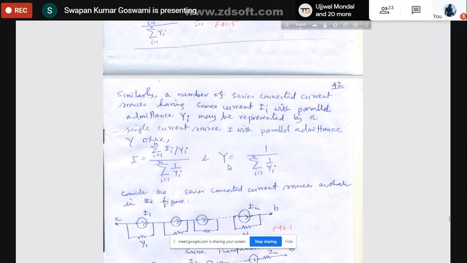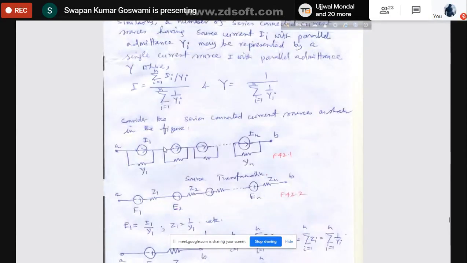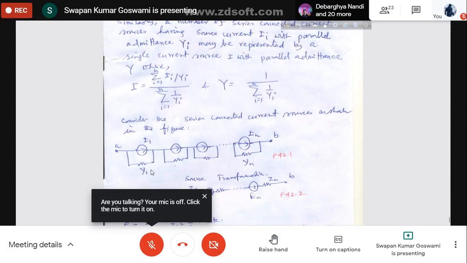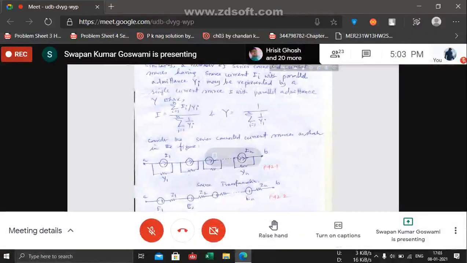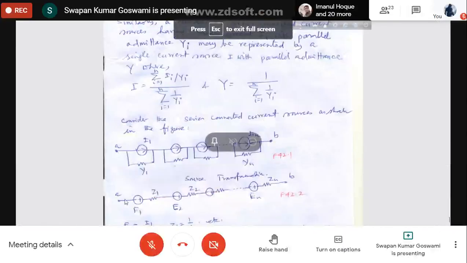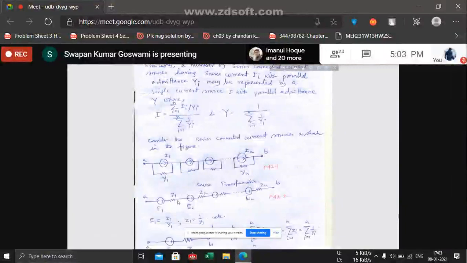This is Y. So let us see how we can apply source transformation here to obtain this. Let us assume that we have a number of current sources connected in series. These are all practical current sources: I1 in parallel with Y1, I2 in parallel with Y2, and in this way In in parallel with Yn. Each current source may be represented by a voltage source. How?